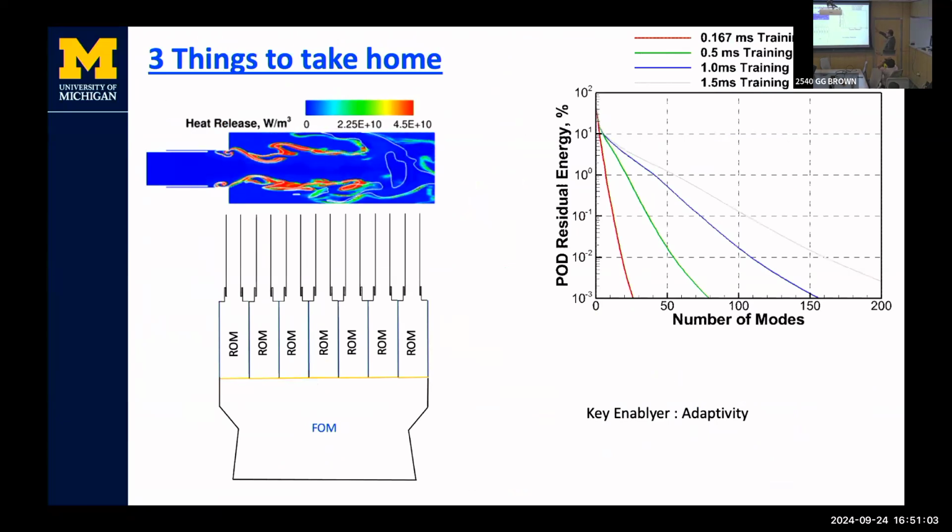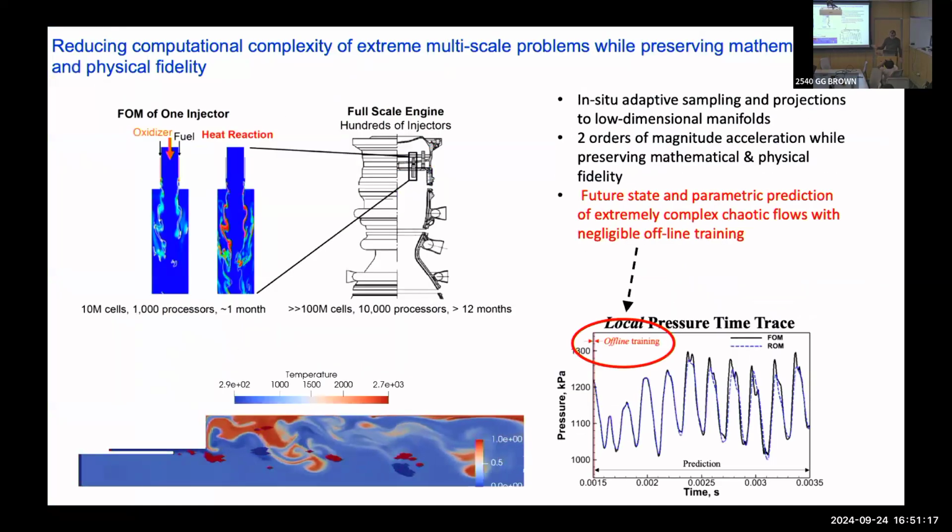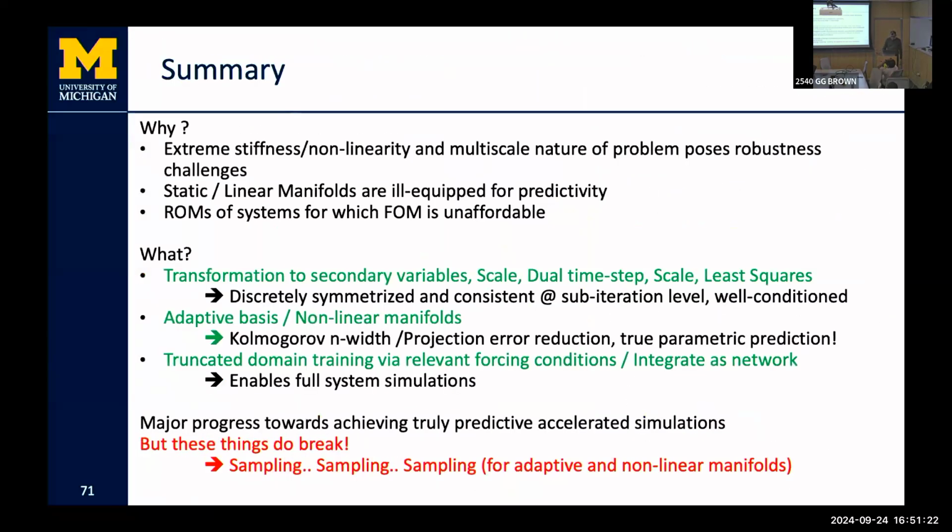So this is not a problem of the SVD, it is because a static basis is very inadequate, okay? So the adaptive basis is what helps you get there. So yeah, the adaptive basis can work in a network.